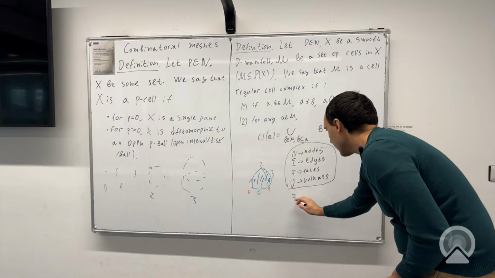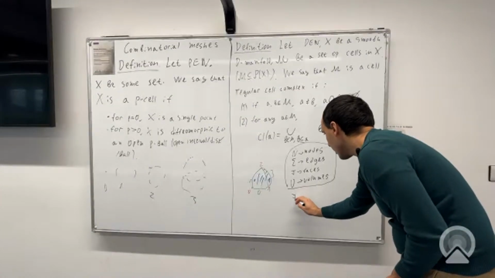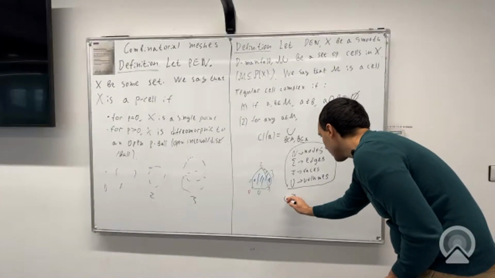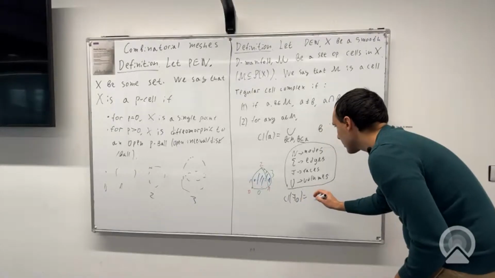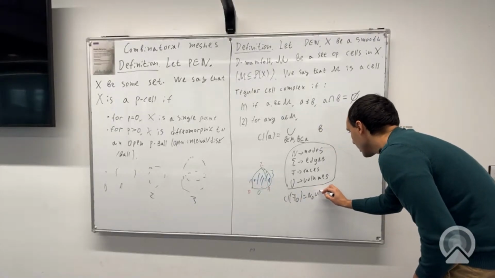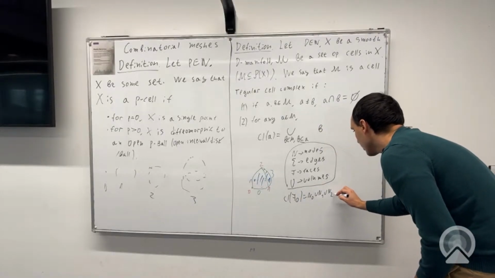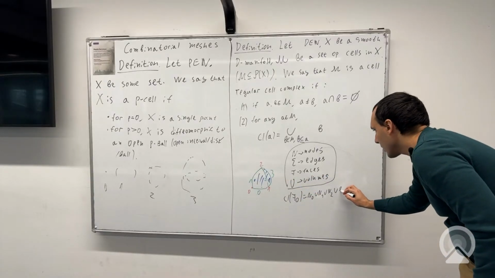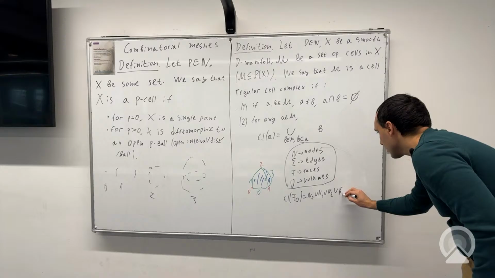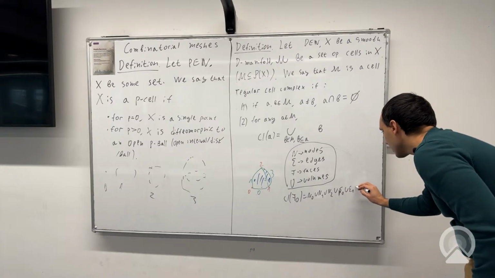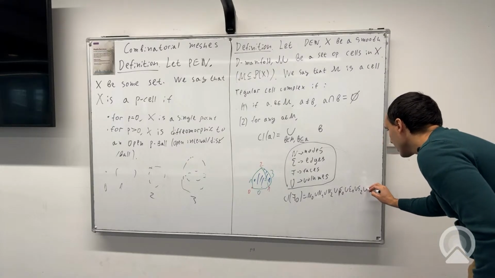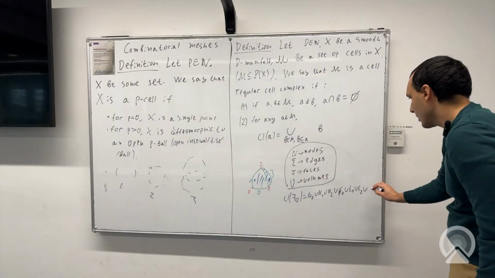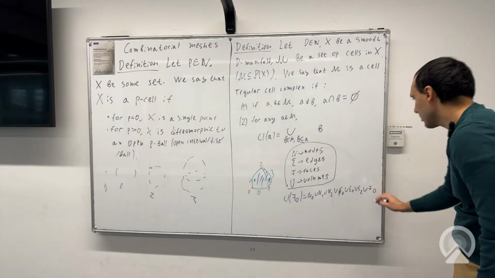So in this case, I have F0, its closure is N0, N1, N2 with E0, E1, E2, and also F0.